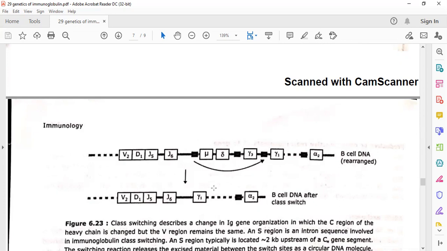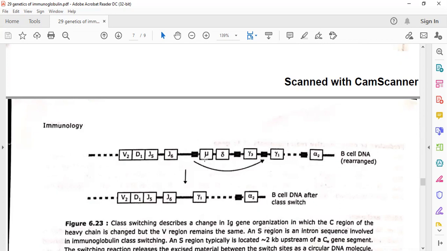IgG3. Suppose there is a requirement of the preparation of alpha 2, meaning immunoglobulin A, so there is a cleavage from mu to gamma 1.